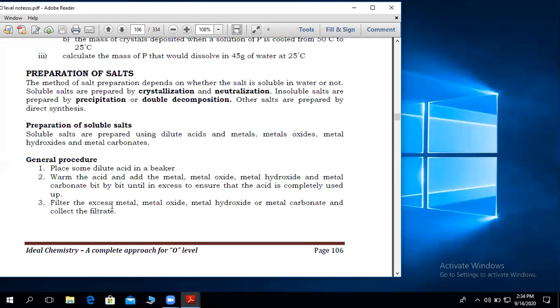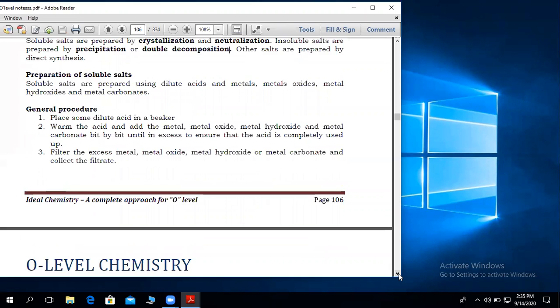Filter the excess metal or metal hydroxide or oxide and collect the filtrate. You know, to filter, you are using a filter paper and a filter funnel. What dissolves goes through the filter paper, and what does not dissolve remains trapped in the filter paper. So this is the general method.